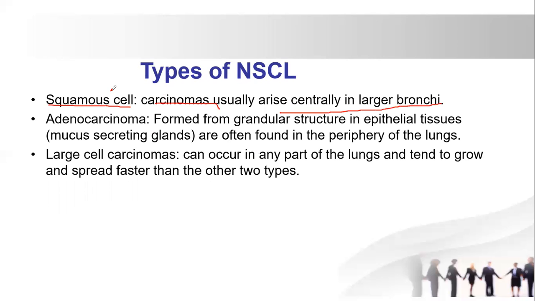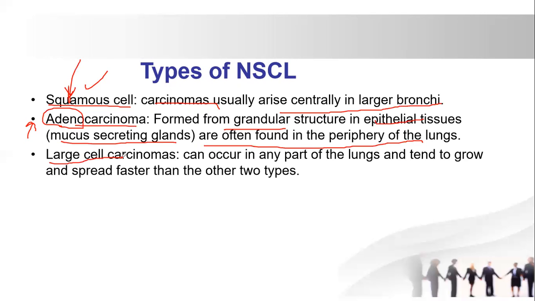And then the adenocarcinoma, adeno simply meaning glands, is formed from the glandular structure in epithelial tissue, mucus secreting glands actually, and is often found in the periphery of the lungs. So in one the squamous cell is affected, while here the glands, especially the mucus secreting glands, are affected, that's why it is called adenocarcinoma.